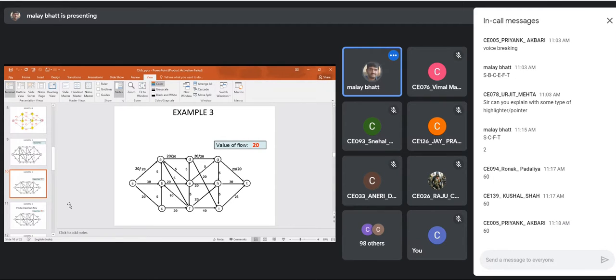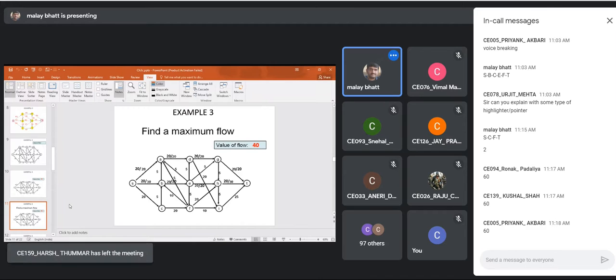Now similar to that, we'll select another path, S to B, then B to E to H, and H to T. We are getting another path as S to B, B to E to H, and H to T. Again, the maximum flow value by this path is the minimum capacity: S to B capacity is 30, B to E capacity is 20, E to H capacity is 20, and H to T capacity is 30.